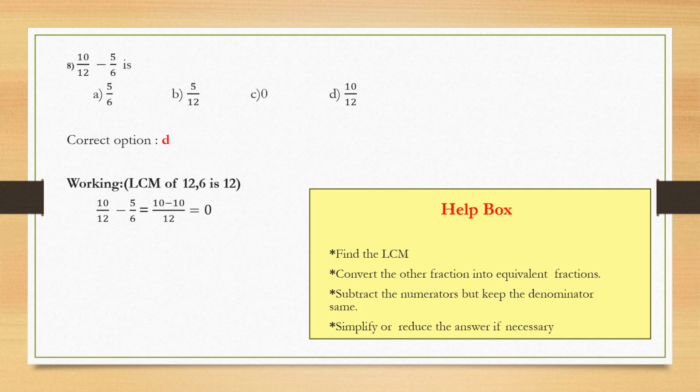So you get 10 upon 12 and this side also you get 10 upon 12. Denominators, they are same, 12. Now subtract the numerators. So 10 minus 10 is equal to 0.